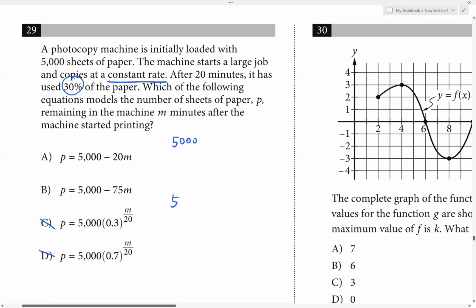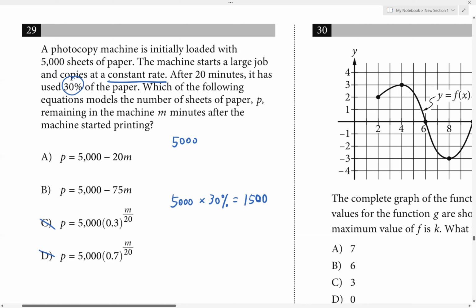We have 5,000, and the 30% that we use, so 5,000 times 30%, which is the same as 5,000 times 0.3, and that gives us 1,500. So in 20 minutes, we used 1,500 sheets of paper.